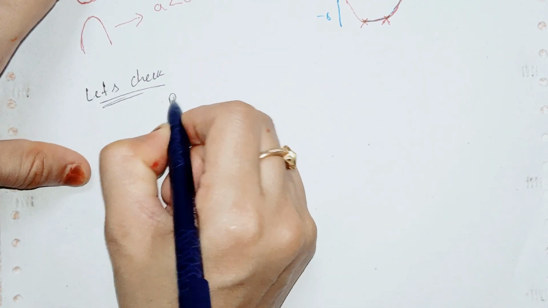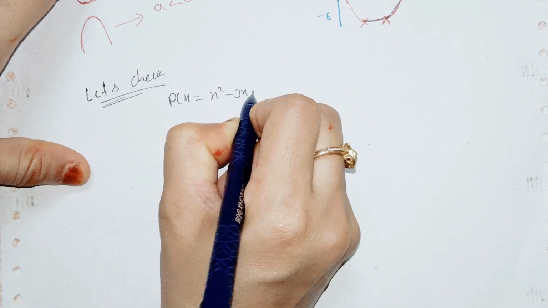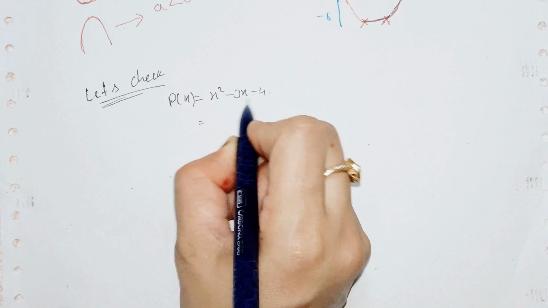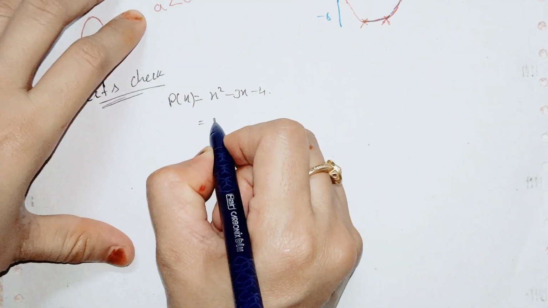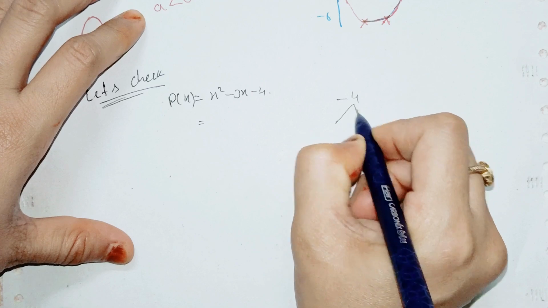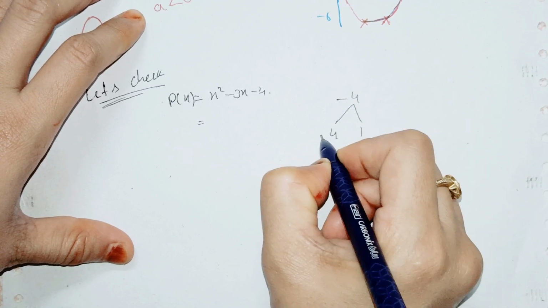So what is our polynomial? P of x equal to x square minus 3x minus 4. If I do the factorization here, minus 4 can be written as 4 ones.